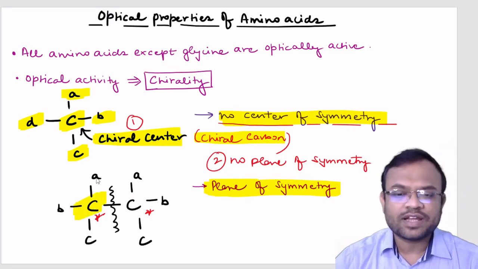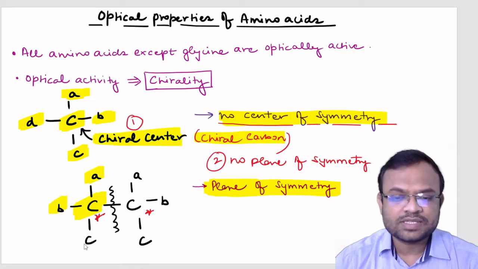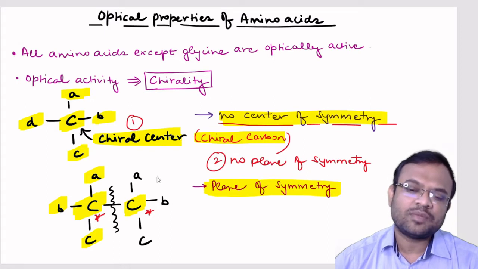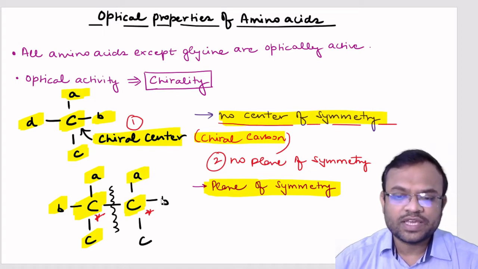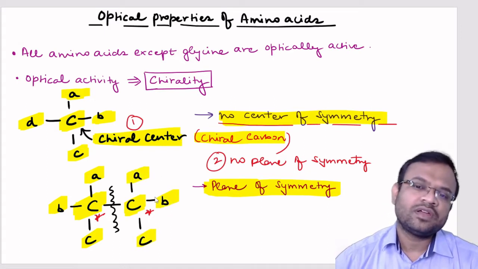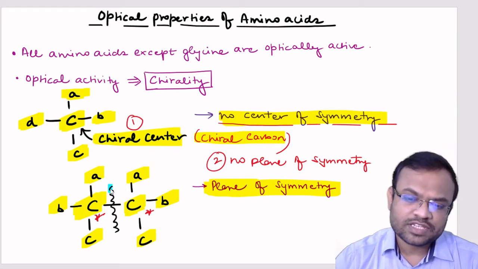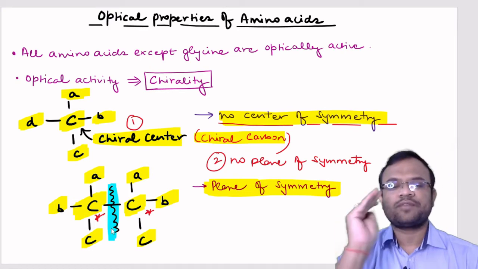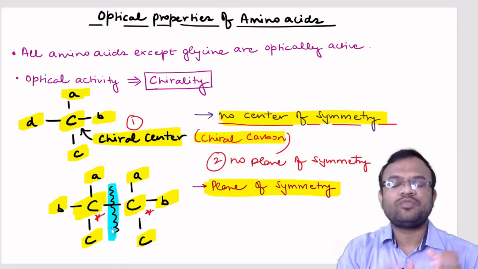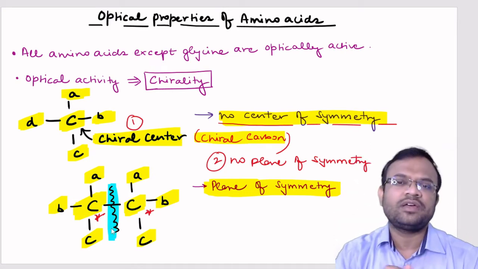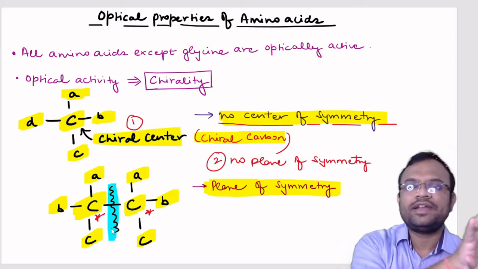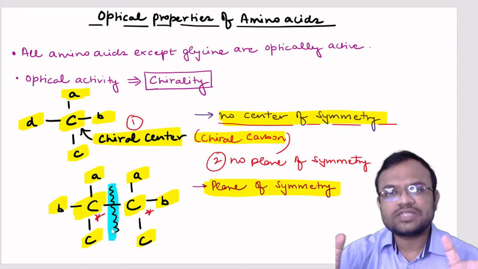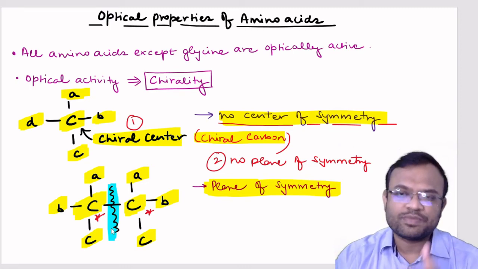It has been attached by A, B, C. Now this carbon is also attached to another carbon that is again connected with A, B and C. If you break this molecule through this plane, what will happen? Two identical or two symmetrical structures would be present. This is called the plane of symmetry.